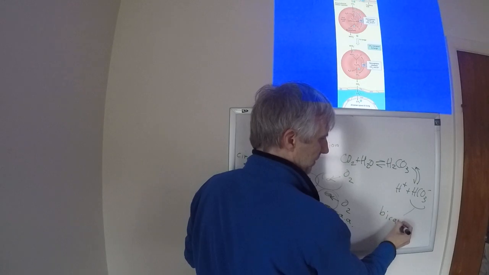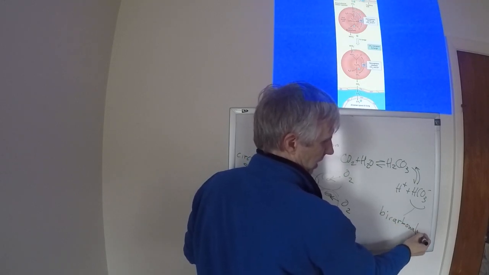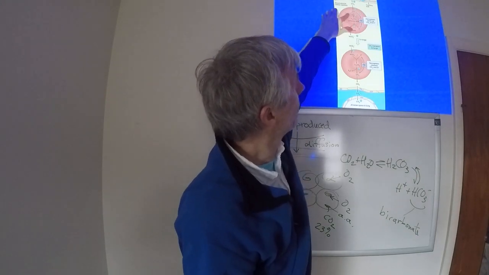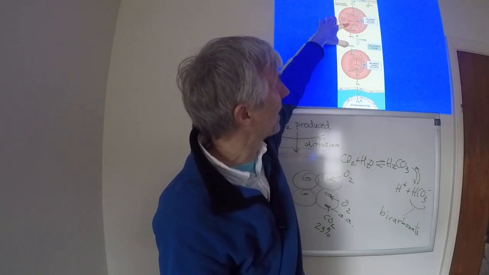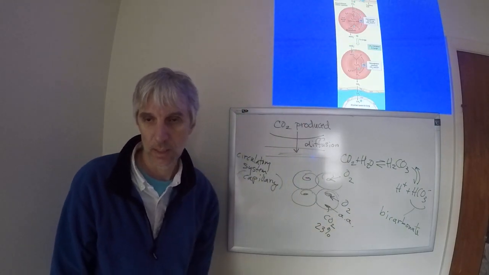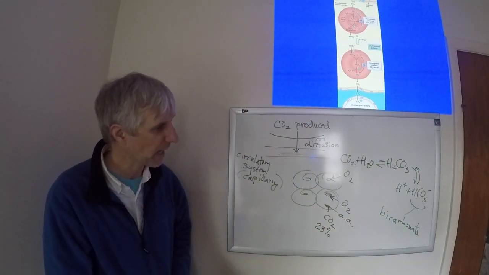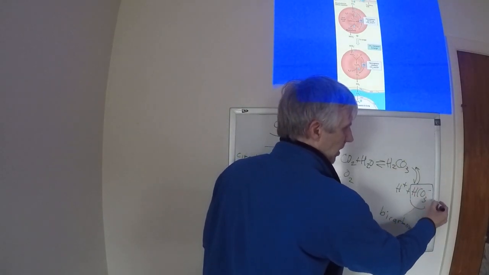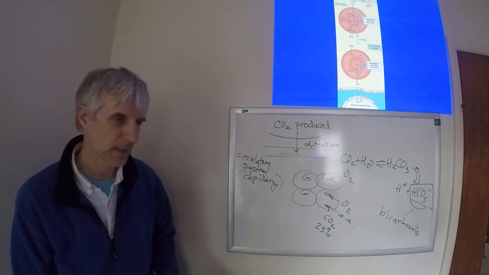Right? Bicarbonate. This bicarbonate is shown here. CO2 plus water, carbonic acid dissociating into bicarbonate. The bicarbonate can be carried easily within the circulatory system because it's charged.